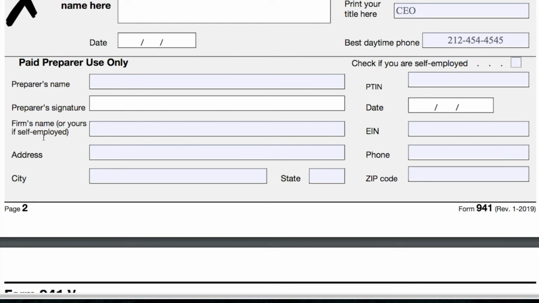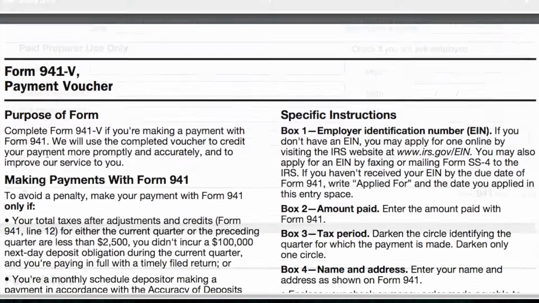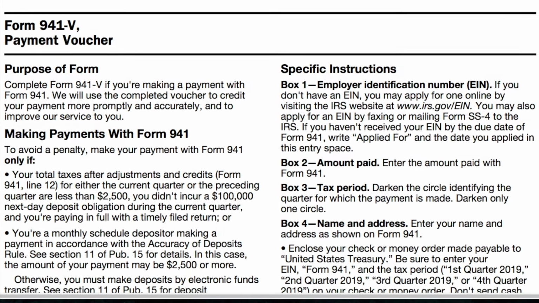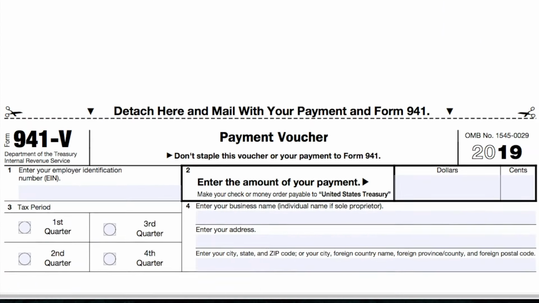This last box is only relevant if you hired somebody to fill out your form. And if that's the case, the paid preparer will need to sign and provide their information here. The last page of Form 941, if you scroll down to the bottom, is a payment voucher.